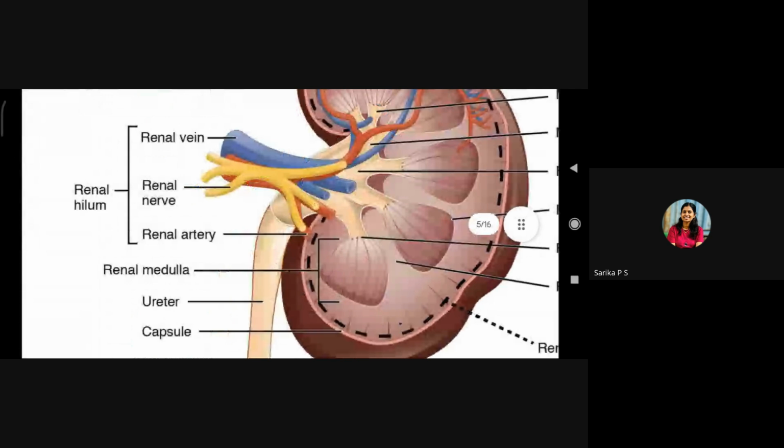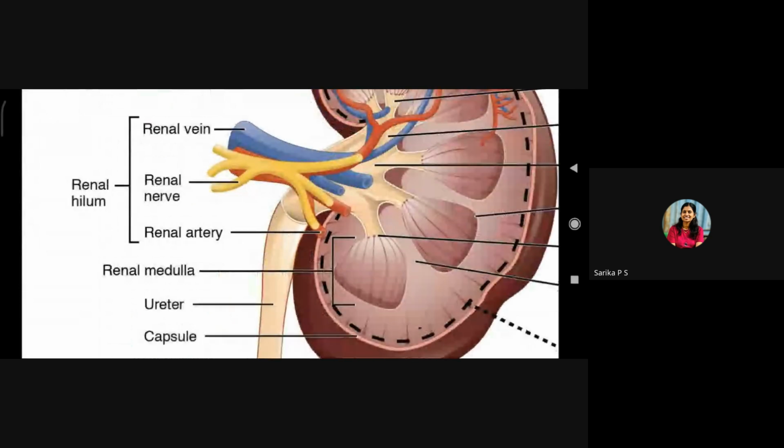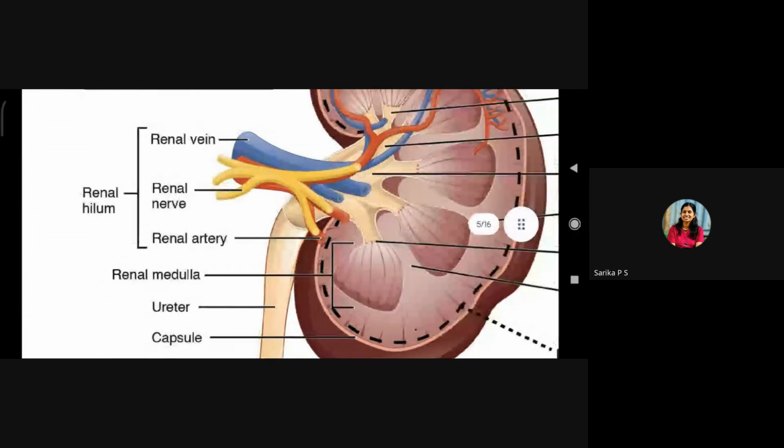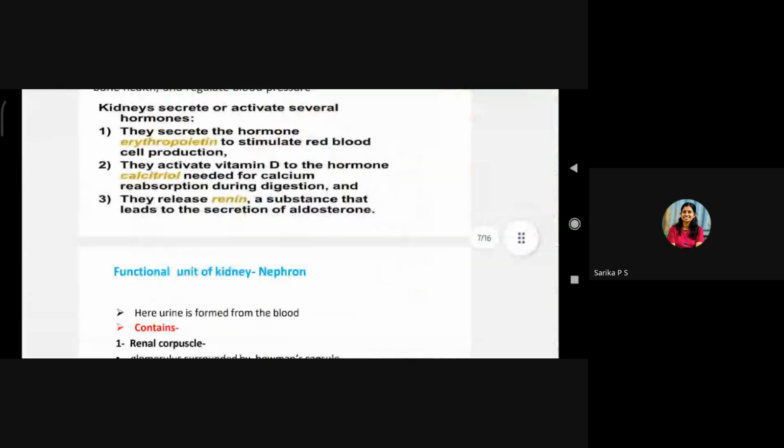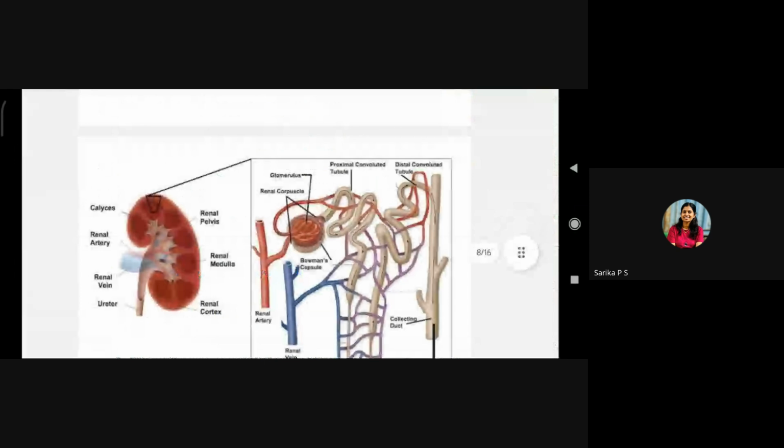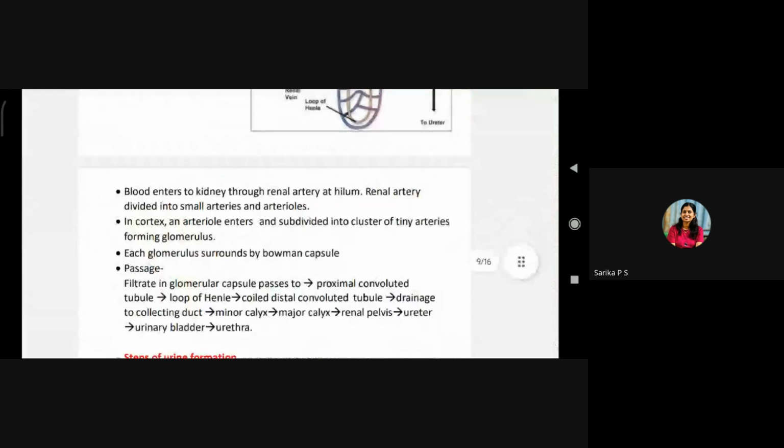You can see renal hilum labeled here. This whole portion through which renal vein, renal nerve, renal artery is entering to kidney is known collectively as renal hilum. So renal artery is entering to kidney through renal hilum.